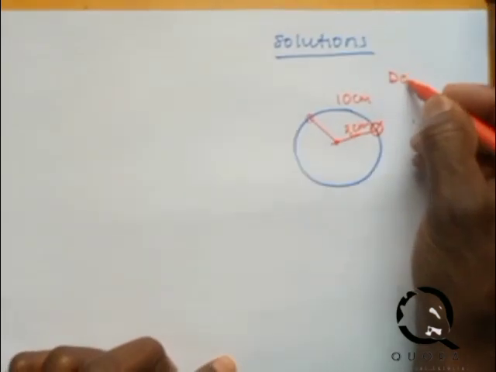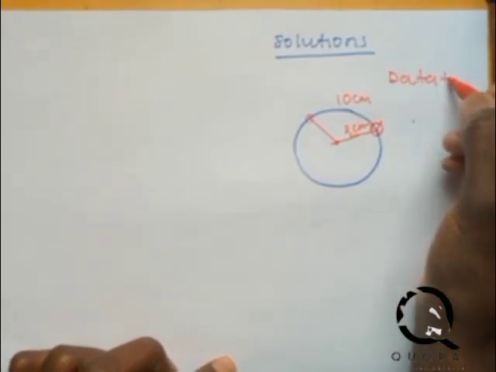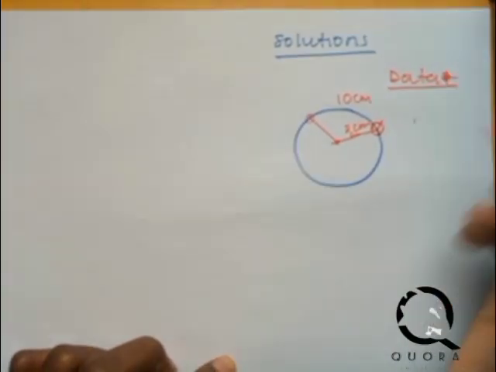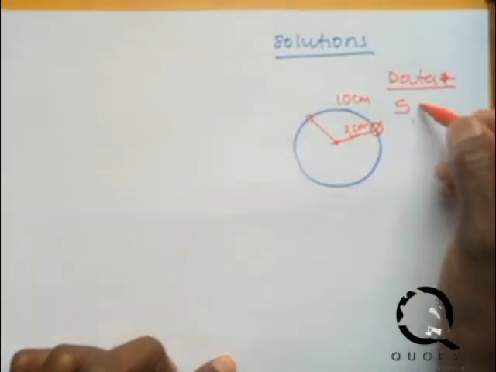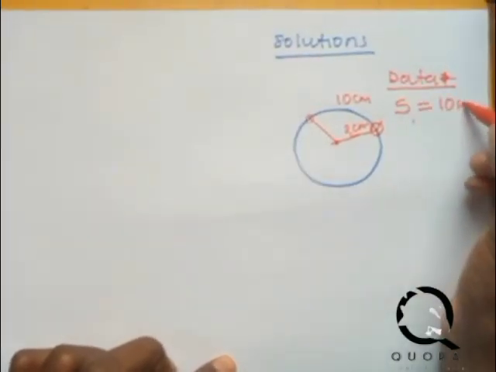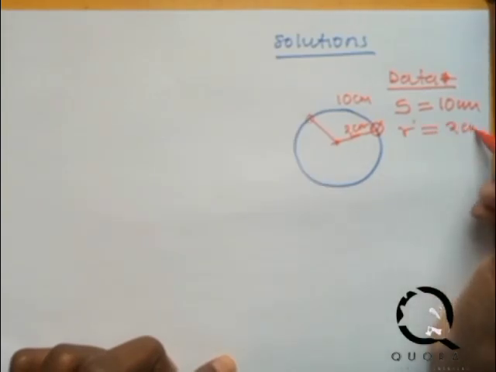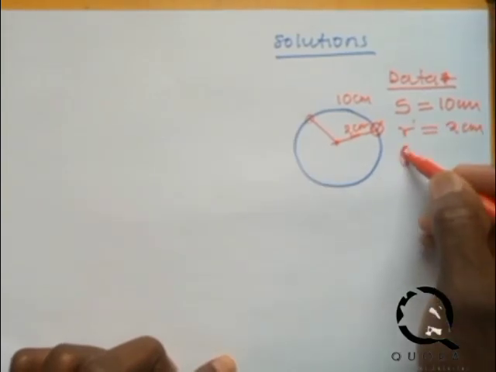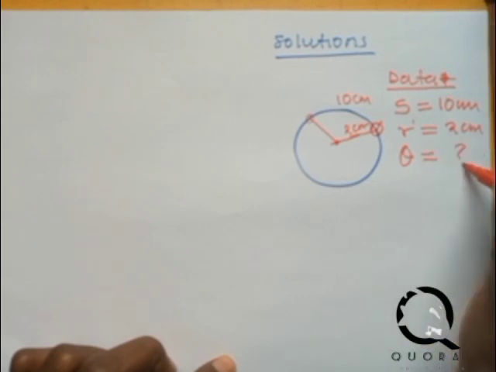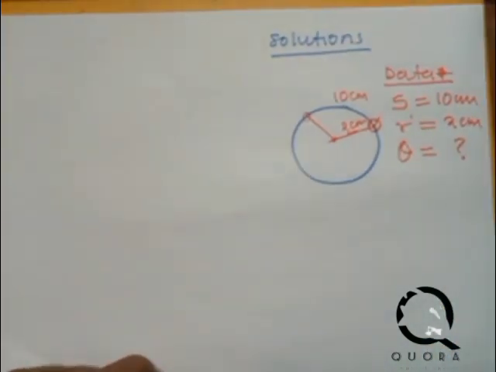So what information have you been given? They're saying arc length is 10 centimeters, radius is 2 centimeters, and the angular displacement hasn't been given. So how are these three quantities related to each other?